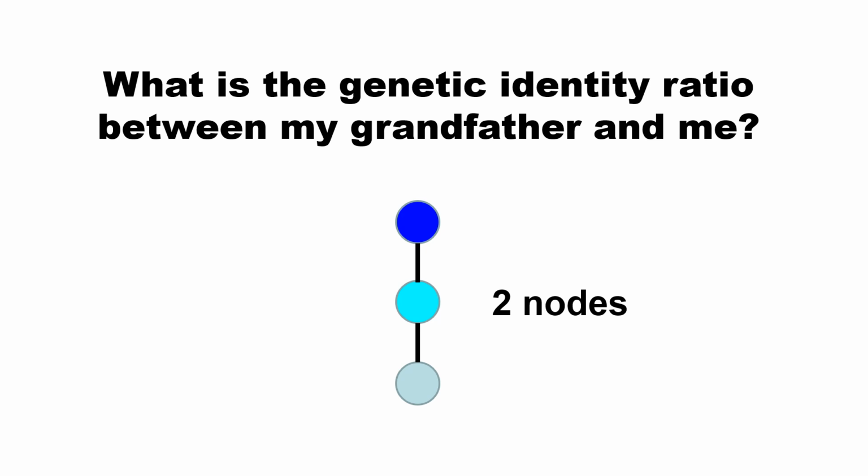Utilizing this information, we can generate a general formula for this genetic identity ratio. The formula would be like this: as the node number n increases, the identity decreases as 1/2 to the n.